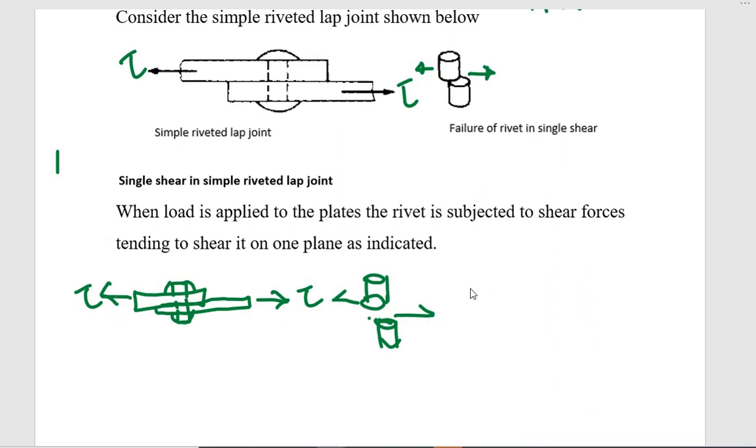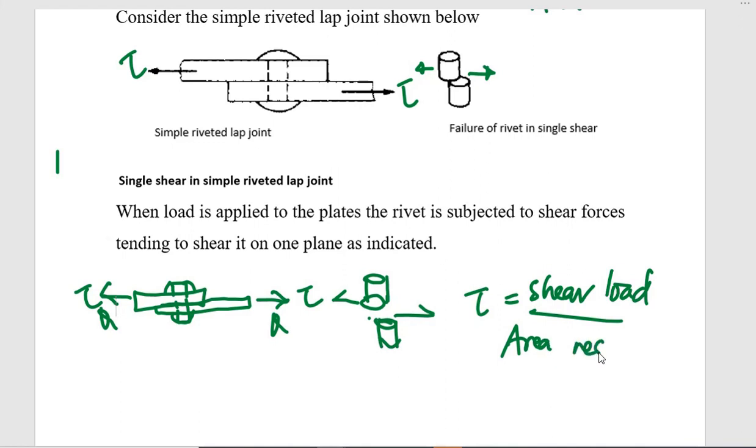That would mean the shear stress tau is equal to the shear load, if this is maybe load 2, then 2 will be the shear load, over the area resisting shear.